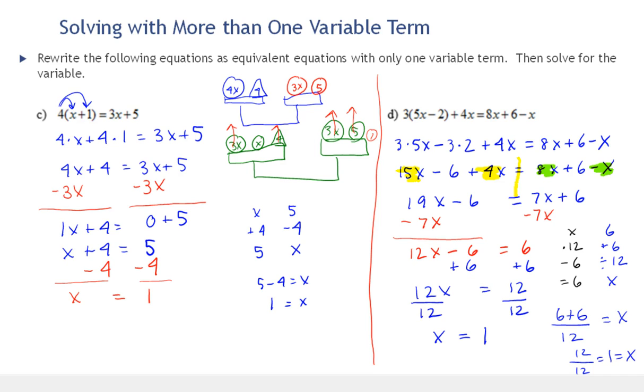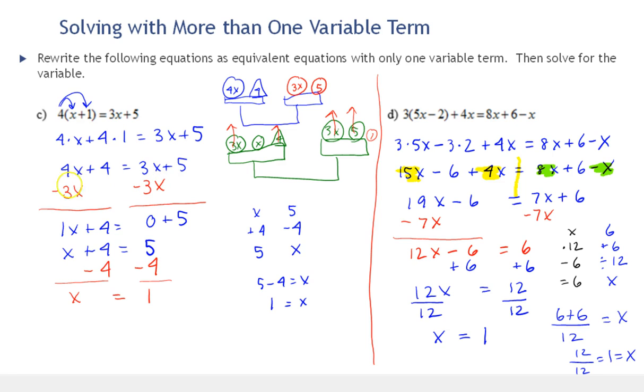So in these examples, in addition to combining like terms, we distributed. Both times, distribute first. Then you're going to combine any like terms. And then once you have everything combined on the left and right hand side of the equations, use the principles of equality.